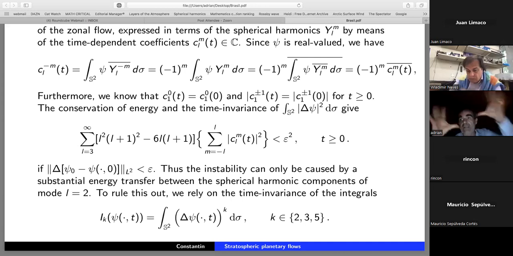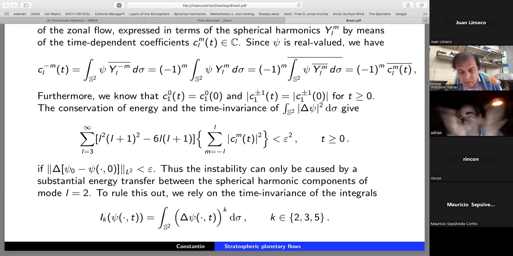So you have expressions where all these coefficients come in. They are nonlinear expressions, and you reduce the problem to a problem in algebra: a nonlinear system with 5 unknowns has to have solutions that are controlled, that are small, and we can prove that.